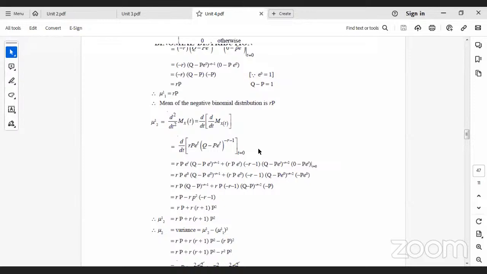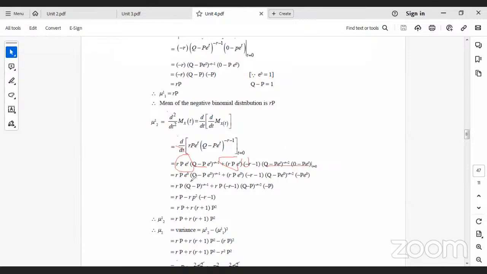Mu 2 dash is equal to d square by dt square of M of x of t, that is d by dt of d by dt of M of x of t. Again differentiating, r into e power t, Q minus P e power t whole power minus r minus 1, at t equal to 0. Differentiating further, r into e power t times Q minus P e power t to the power minus r minus 1. So I am differentiating this here.